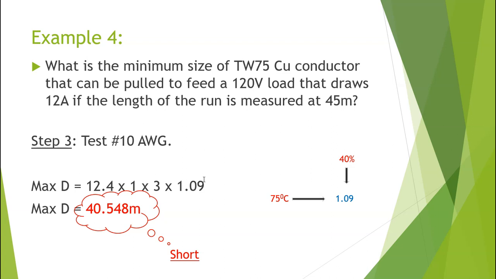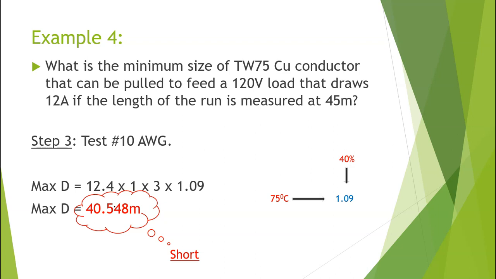And even with that DCF of 1.09, we are still slightly short. We come up with a maximum distance that we would be allowed to run with number 10 of 40.548 meters, and it's close, but not close enough.